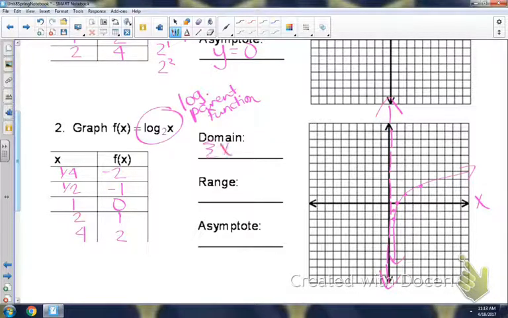So x is going to be greater than 0, but doesn't include 0 because that's our vertical asymptote. The range, notice it's continuous both ways on the y, so that will be all real numbers. And then on a log function, you have a vertical asymptote. Notice that that crosses the x at 0.